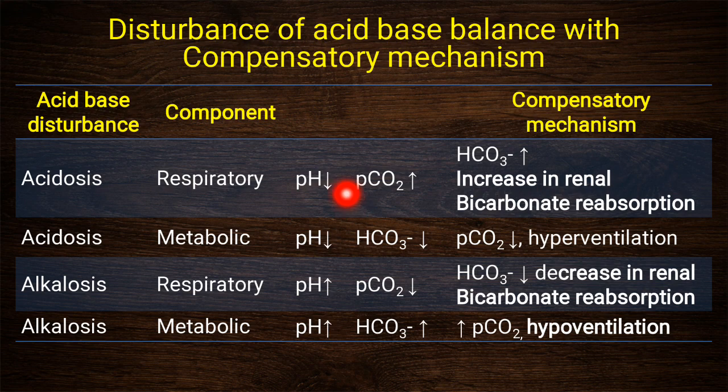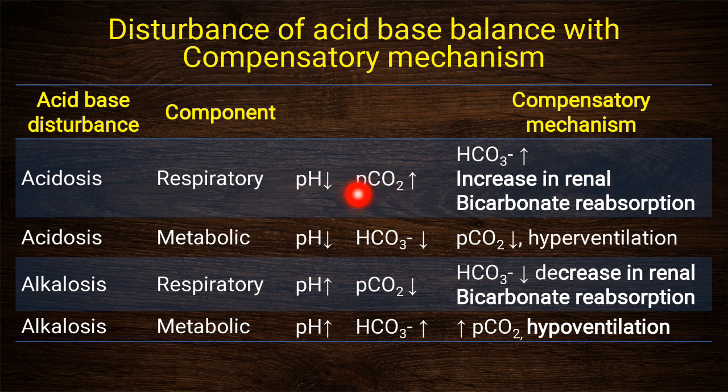Whereas in metabolic acidosis, pH is decreased and the bicarbonate level is primarily decreased. For compensation, decreased PCO2 level and hyperventilation is the compensatory mechanism for metabolic acidosis.